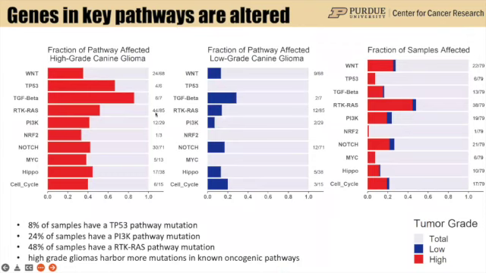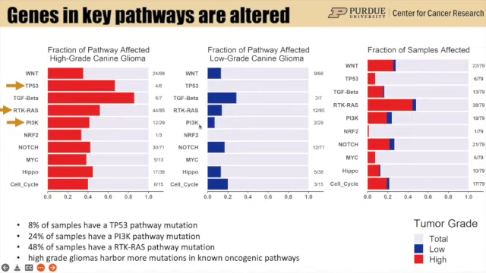We took a closer look at this and looked at, out of the canonical oncogenic pathways that are highly mutated, which ones are the top mutated in canines. We see a number of known oncogenic signaling pathways, Wnt, TP53, some of the canonical pathways that are known to be important in or altered in glioblastoma.